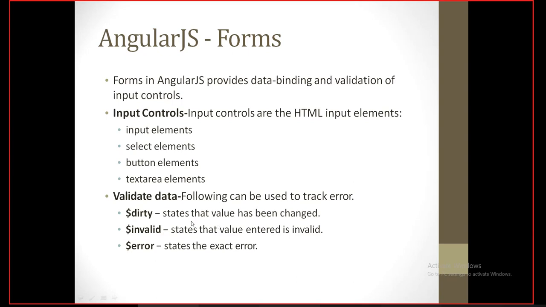If whatever value we have entered in these input controls is invalid according to a certain rule, then the invalid flag will be turned to 1. And if we want to state an error, we will see that this error flag is turned to 1.